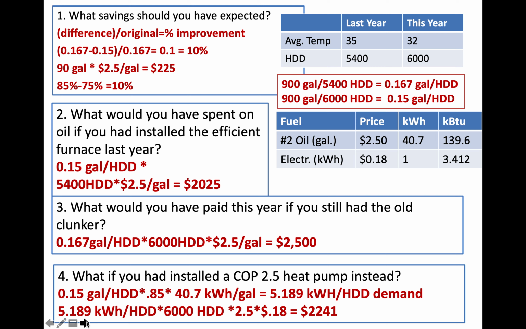And had we installed the heat pump, we would have spent $2,241.